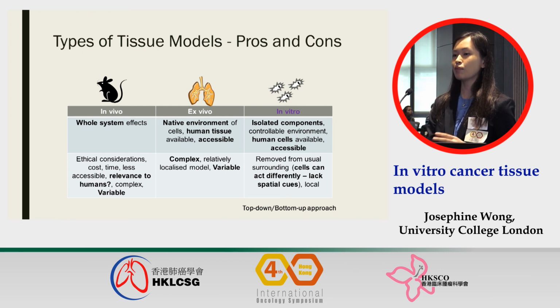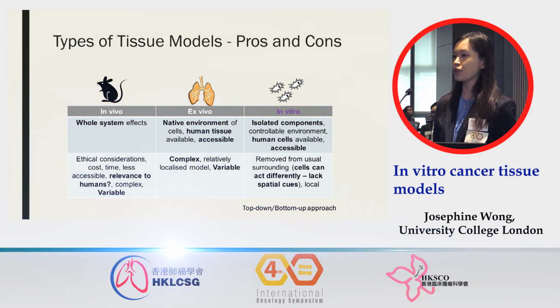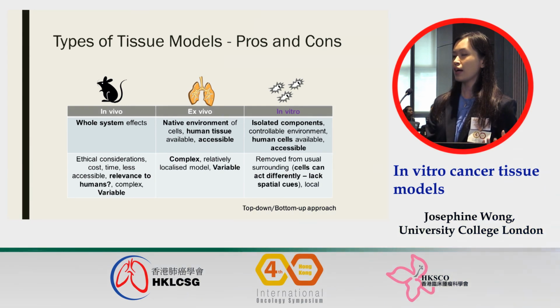So there are two main approaches to producing an in vitro model. The first one is to essentially take the ex vivo construct and then remove all the cells and all the impurities so that you're left with a scaffold that is relatively similar to the natural tissue matrix.